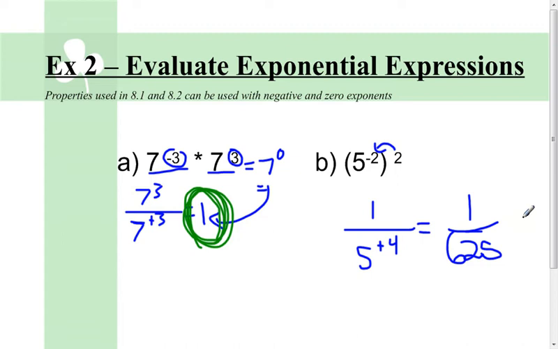Give you a couple seconds to check and make sure everything makes sense to you. Here we added the exponents, or you pass him over the fraction bar, and he becomes a positive, and then you reduce, you get 1. Here we multiplied our exponents the way we've done before. If you have a power to a power, you multiply. That gave us 5 to the negative fourth.